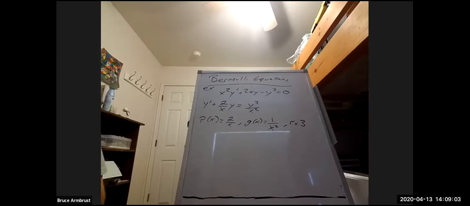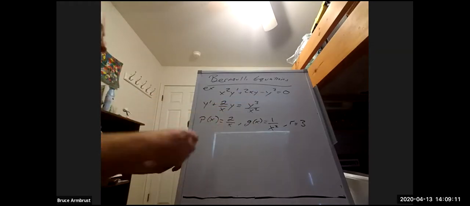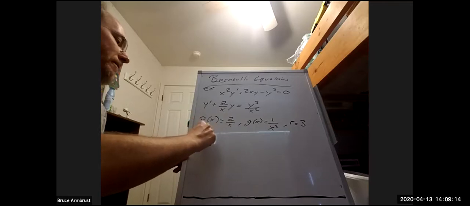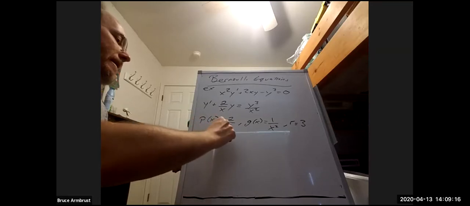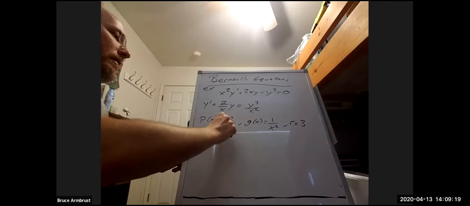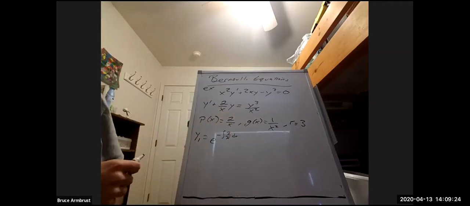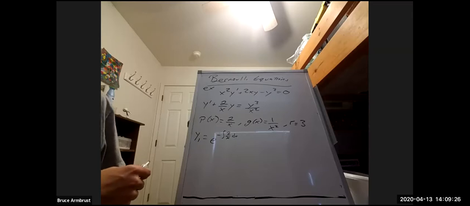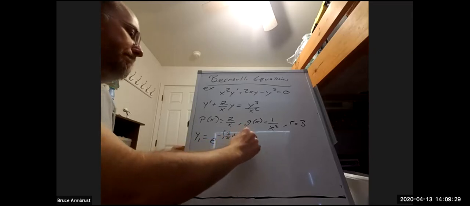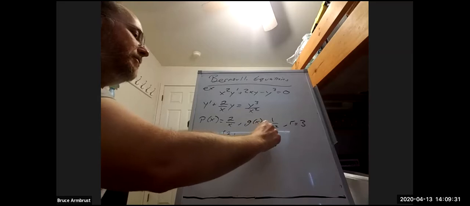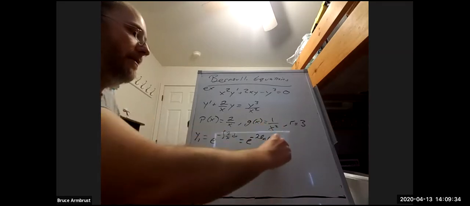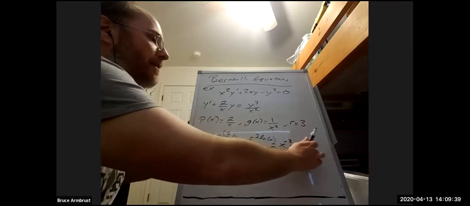So we need to start by finding y1, and y1 we find the usual way. That's to suppose this equals 0. So using this p, we're going to get y1 is equal to e to the negative integral of p. All right, so that's going to be e to the negative 2 natural logs of x, which is x to the minus 2 or 1 over x squared, either way you want to look at it.